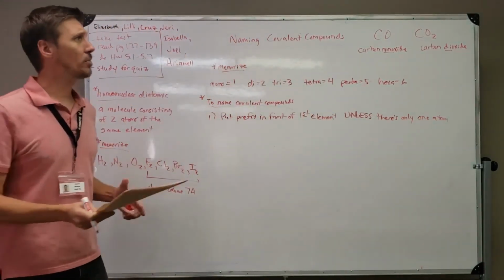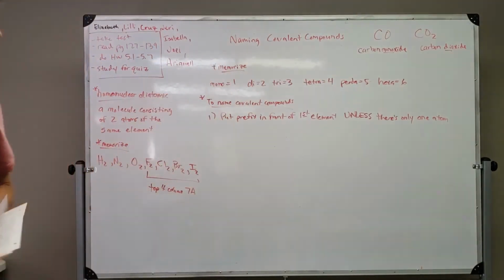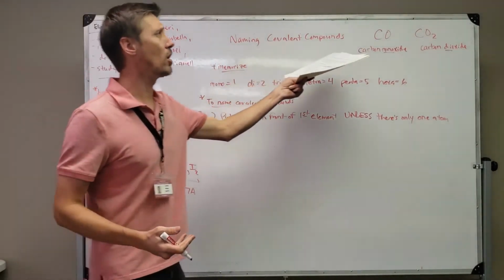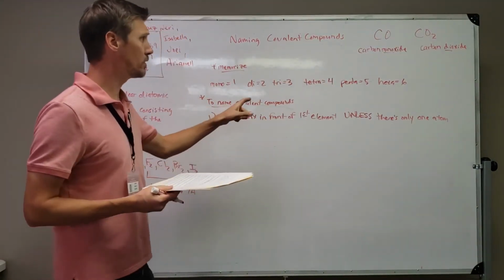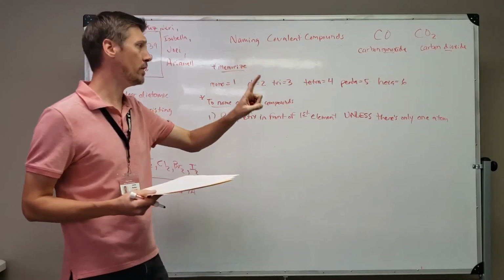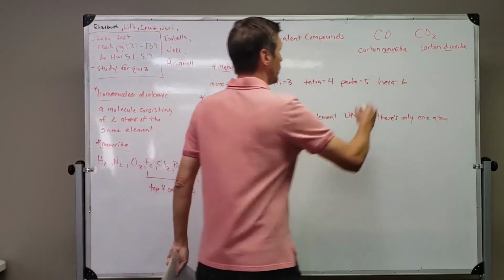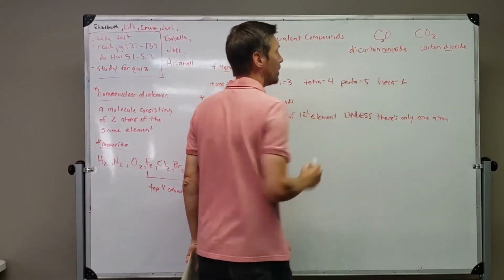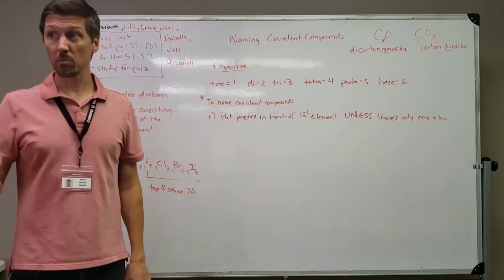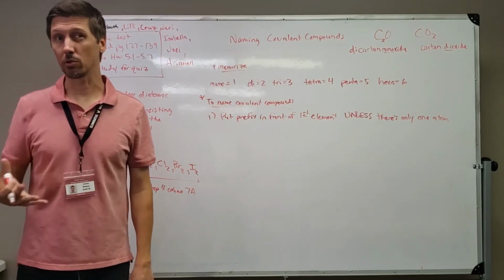So in the case of carbon monoxide and carbon dioxide, the reason we didn't call that monocarbon monoxide is because if it's the first element and there's only one of them, you don't use the prefix. If there had been 2, we would have called that dicarbon monoxide. So if there's more than one of the first element, you use the prefix. If there's only one of the first element, you don't use the prefix.